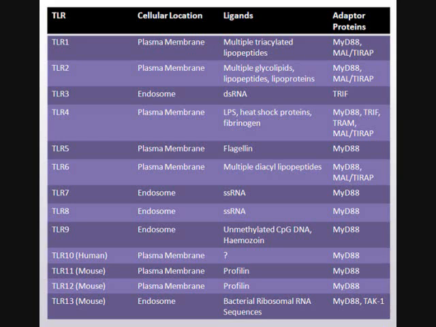So once a TLR recognizes a PAMP and signaling begins, signaling consists of at least 2 distinct pathways. A MyD88 dependent pathway that leads to the production of inflammatory cytokines, and a MyD88 independent pathway associated with the stimulation of IFN beta and the maturation of dendritic cells.